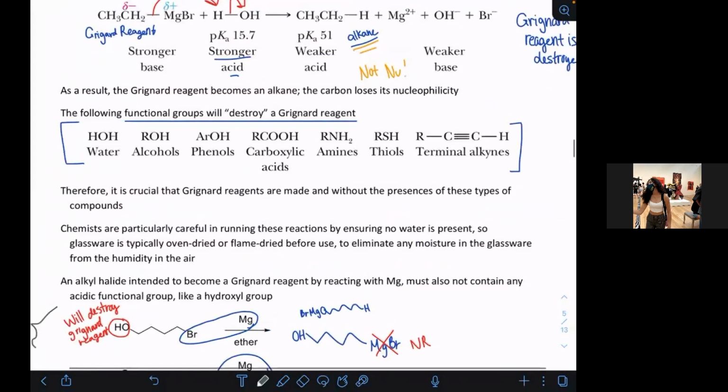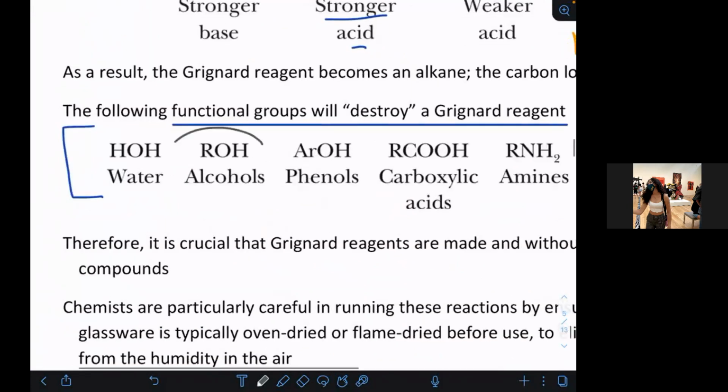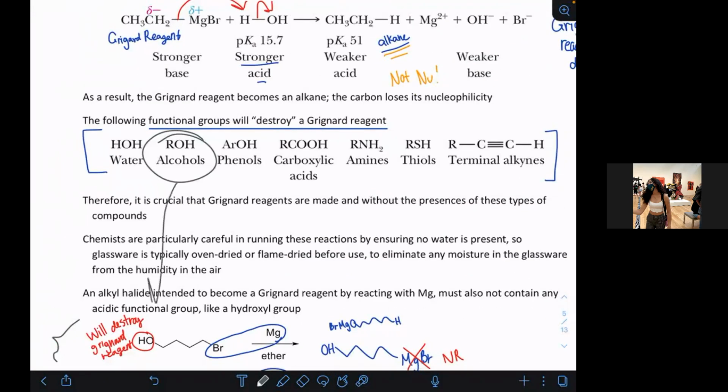And also the following functional groups will destroy Grignard's reagents. I don't think she actually shows us the mechanism for why it destroys it, but we have an alcohol within our thing. And if we have a carboxylic acid in it also, it'll be no reaction. So yeah, that's kind of why.